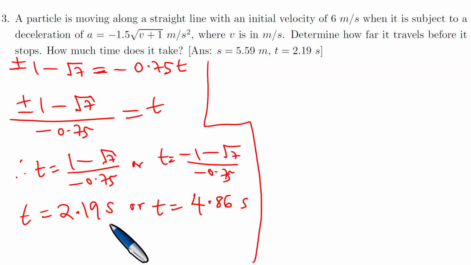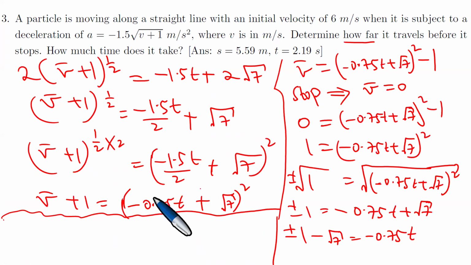Okay, so we're getting two possible times here. And this is the time that the examiner, the author, registered. This registered time is the time whenever a positive was chosen.